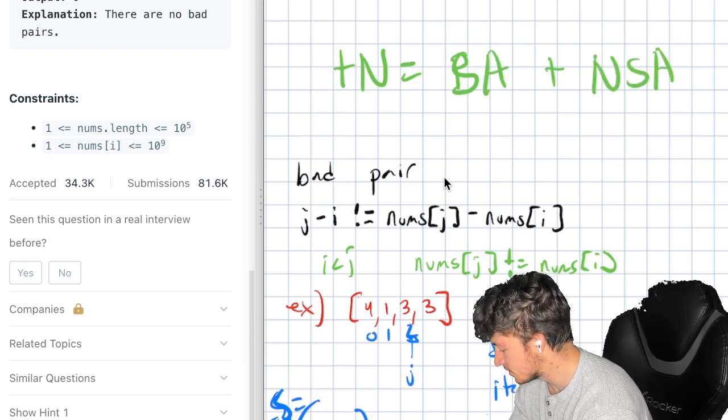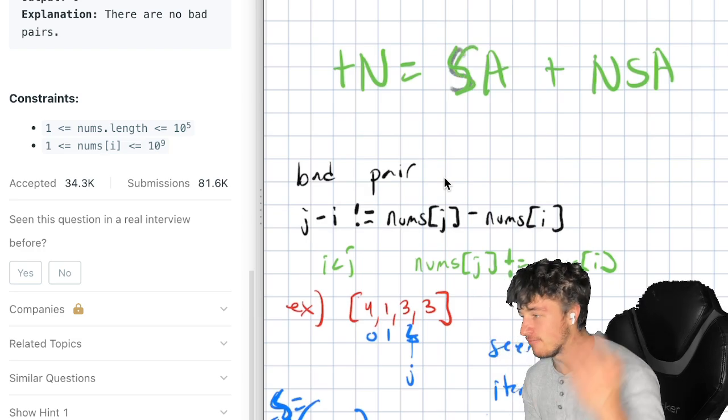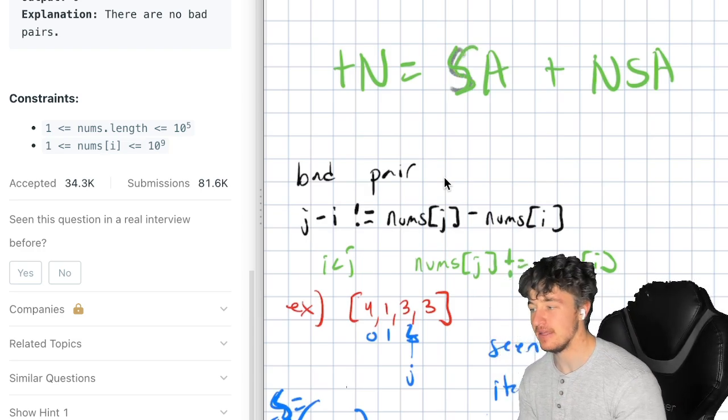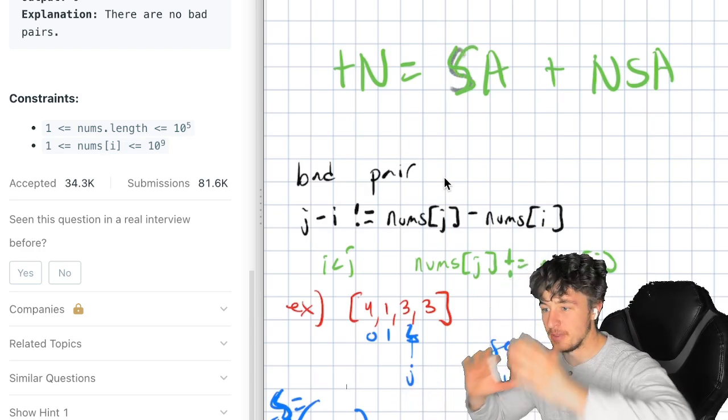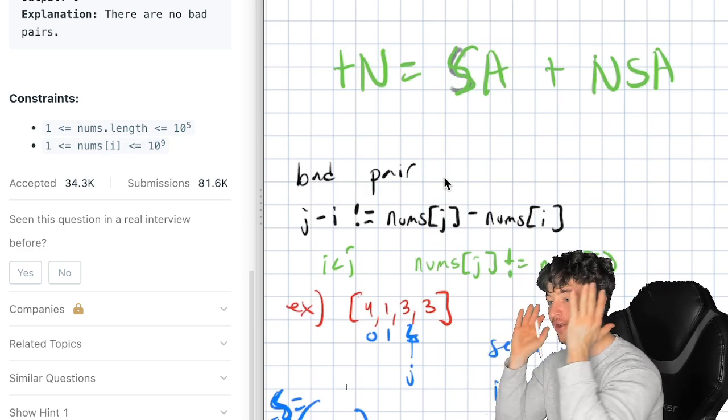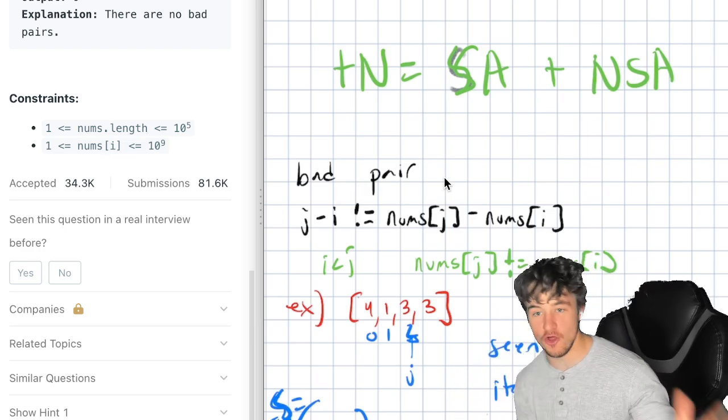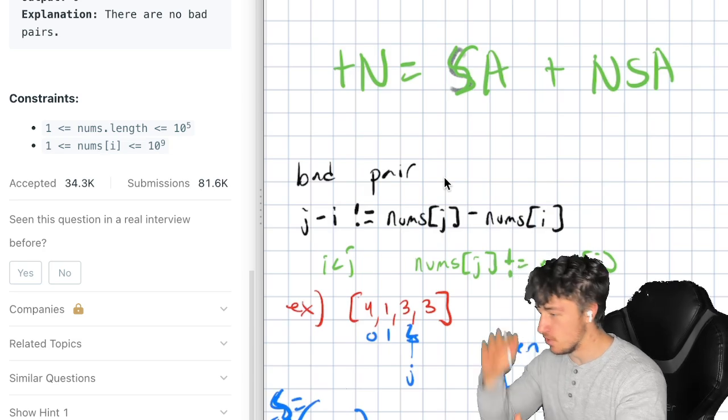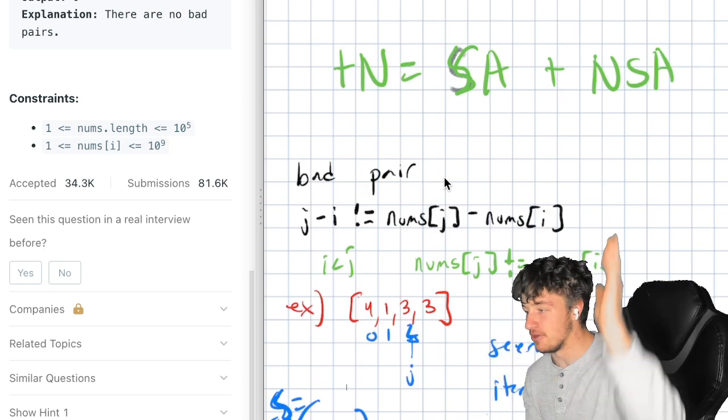Does that make sense? There's the people that have your same age. If you're 22, and all the people in the room, there's people that are also 22 and there are people that aren't 22. And if you add them all together, it's all the people, right? They're either 22 or they're not 22. So you add them all together, you get all the people.